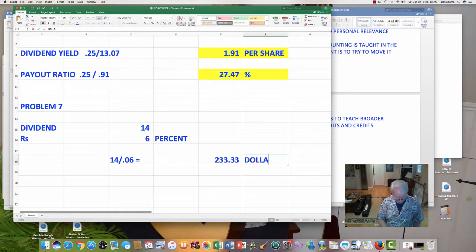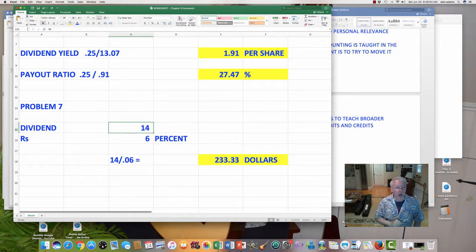That is dollars. Okay, we're solving for how much you should pay, and that is $233.33, the current price. Okay, please remember, in this formula, the $14 will stay constant. Why? Because it's preferred stock. You know that if the board declares dividend, it will be 14 bucks per share every year.